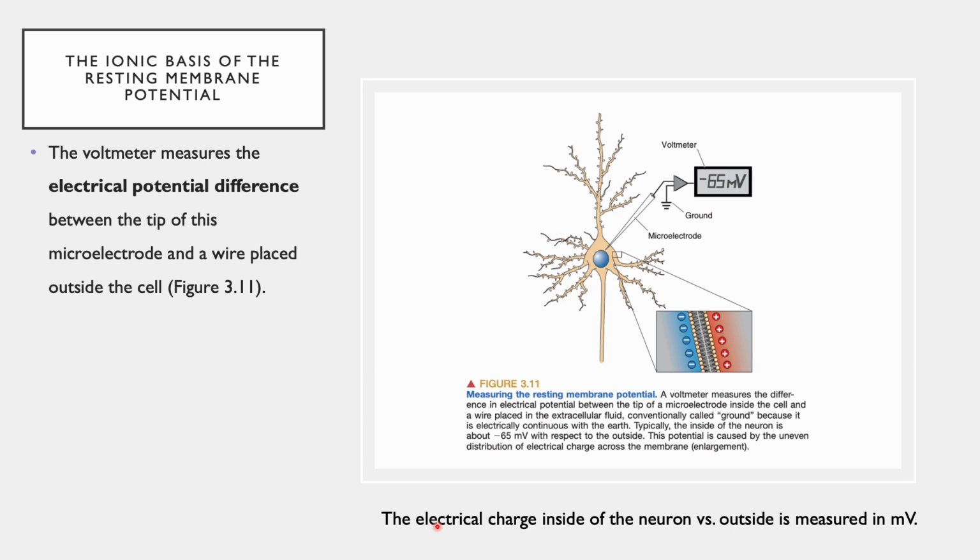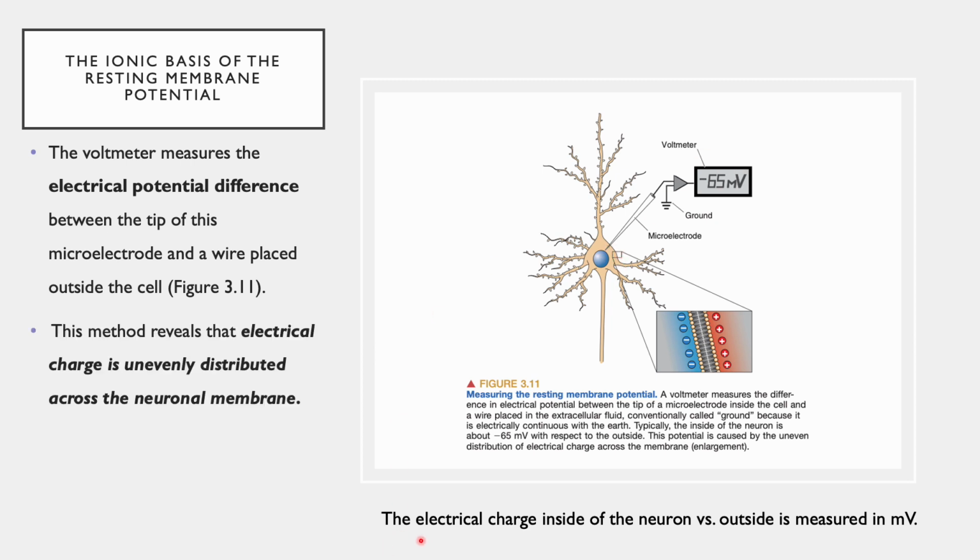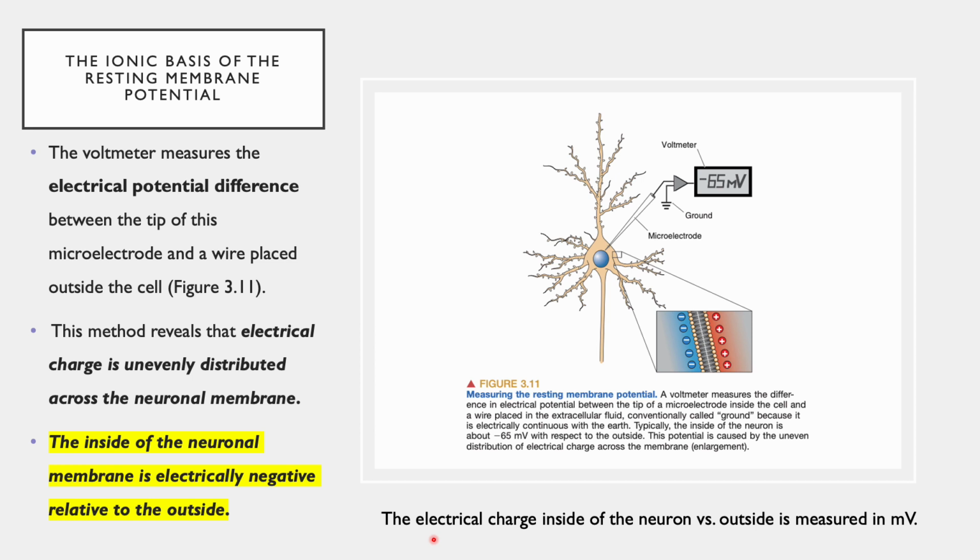The voltmeter will actually measure the electrical potential difference between the tip of this microelectrode and a wire placed outside of the cell. This method actually reveals that electrical charge is unevenly distributed across the neuronal membrane. The inside of the neuron membrane is negatively charged when the cell is at rest, whereas the outside of the cellular membrane is positively charged.